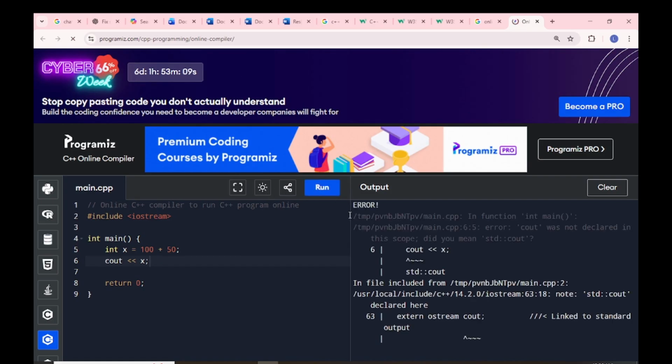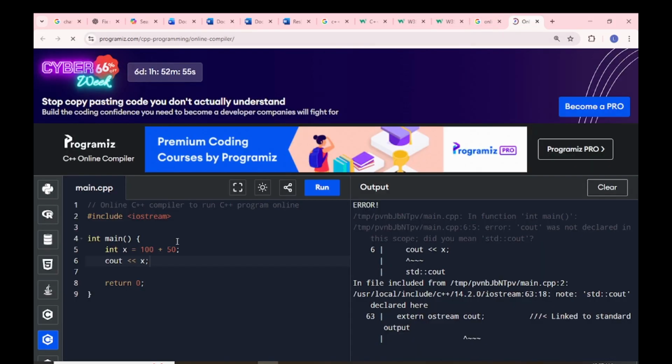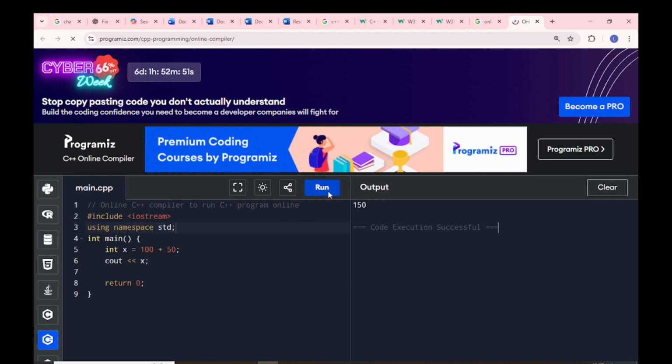So let's say, okay, we need to include the file, right, using namespace std. So you need to include this, then we can get the output, right?